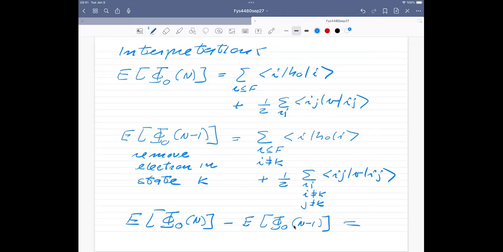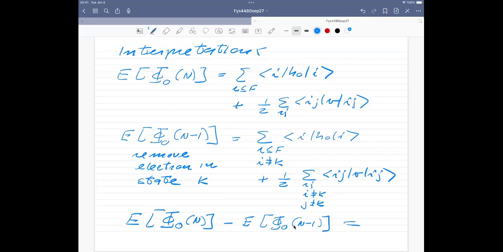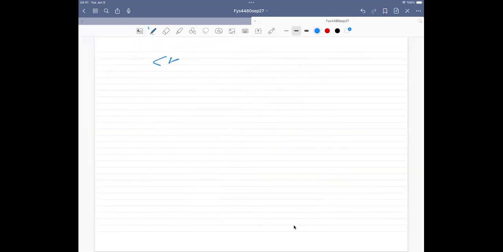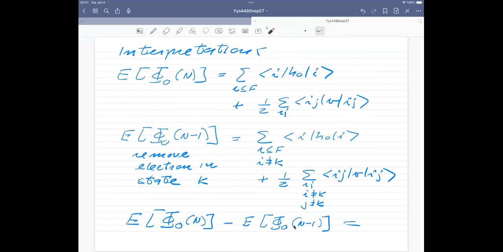Now when you do the algebra, you will obviously have a term here where you have one less. So if I take this term minus this term here, from the first term, I will simply get ⟨k|H0|k⟩, right? That's the first term because k is included here, but it's not included here. The rest is the same.